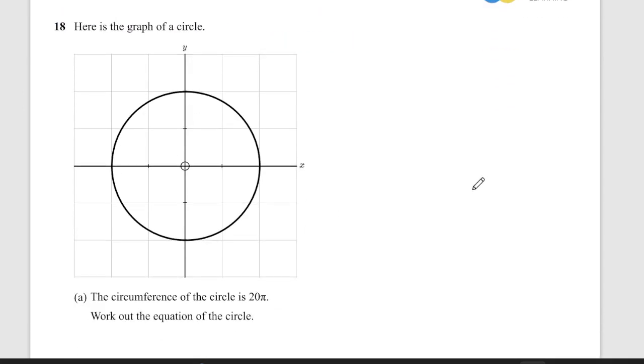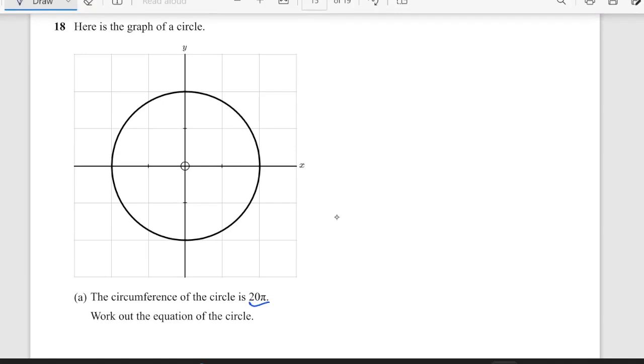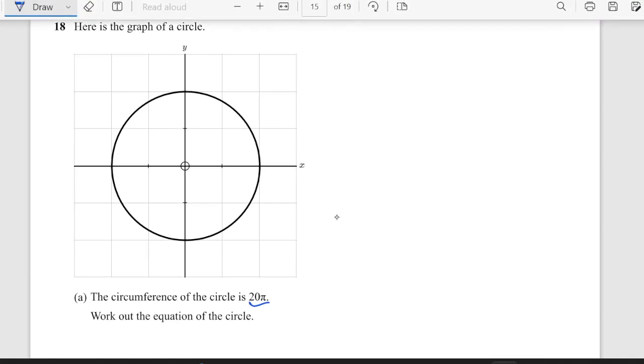Okay, question 20. Here is the graph of a circle. The circumference of the circle is 20 pi. Work out the equation of the circle. It has centre 0, 0, so it's going to be x squared plus y squared equal to the radius squared.